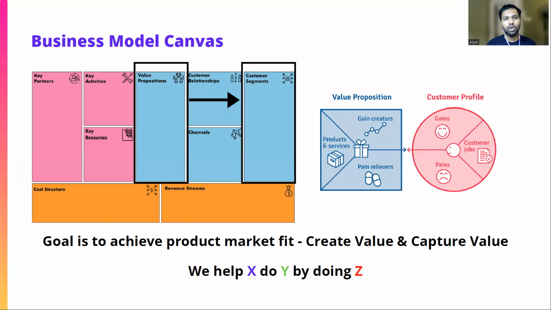This is what you need to jot down in the value proposition, and this needs to perfectly align with the customer segments that you choose, and their requirements and expectations. Why? Because the product you come up with cannot be commercialized to all groups of people.